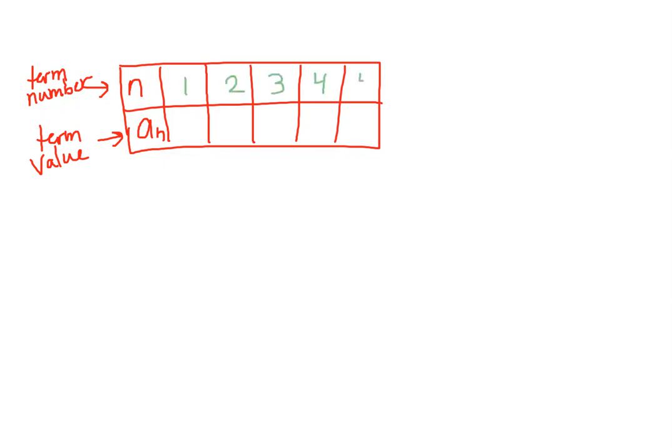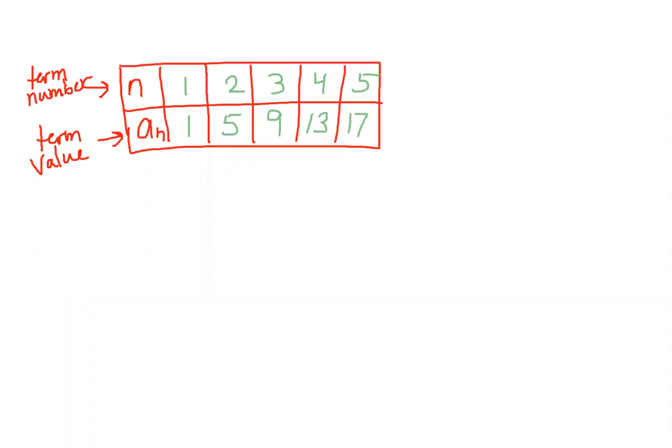If we look at the sequence that we just used, the first term was 1. The second term was 5. The third term was 9. The fourth term was 13. And the fifth term was 17.